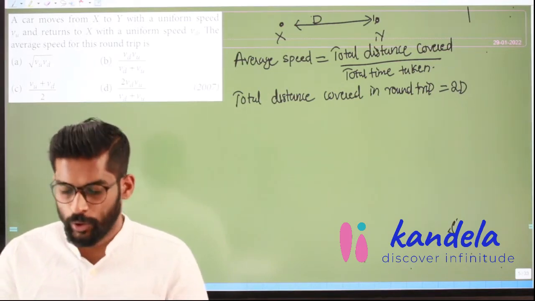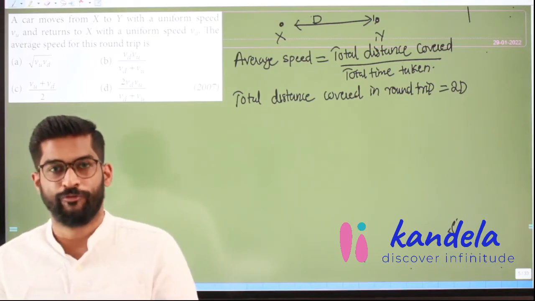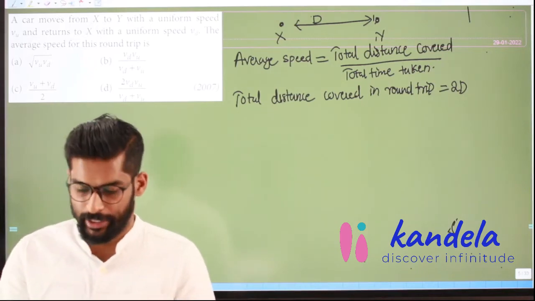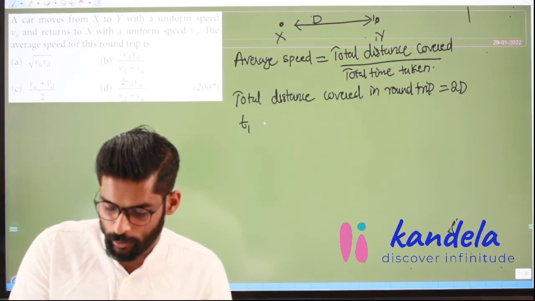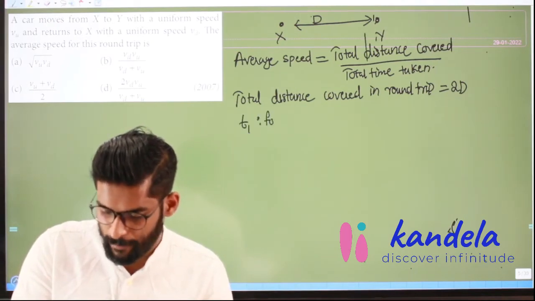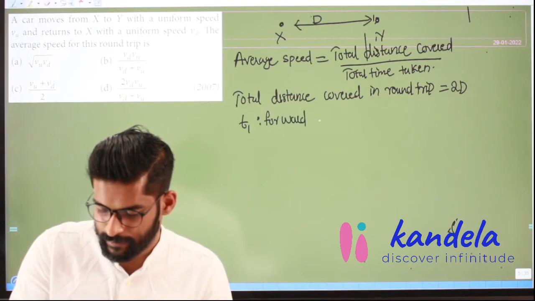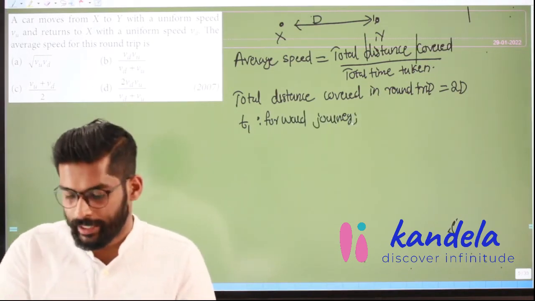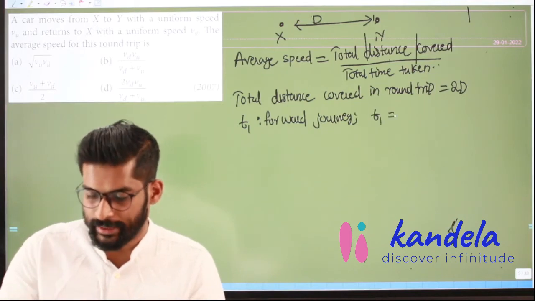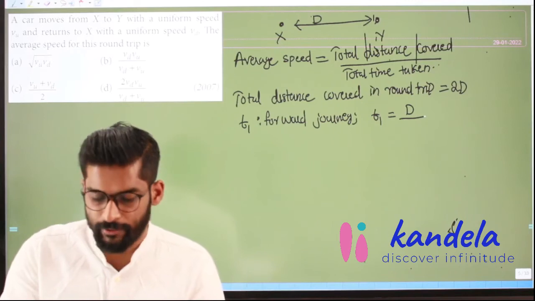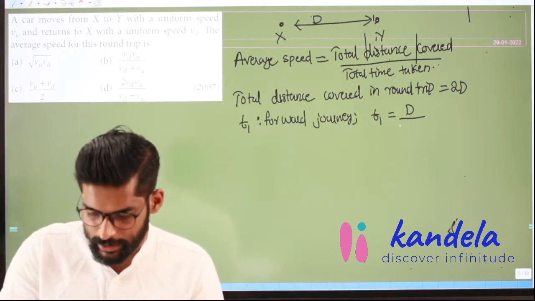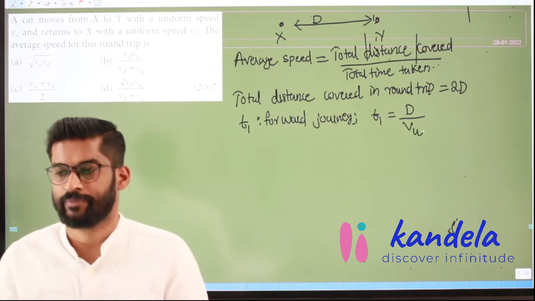Now we need to know what is the time taken for the forward journey and the backward journey. So let's say t1 is the time for the forward journey. I can define t1 as the distance covered in the forward journey, that is d, divided by the speed with which I am traveling in the forward journey, which is Vu.